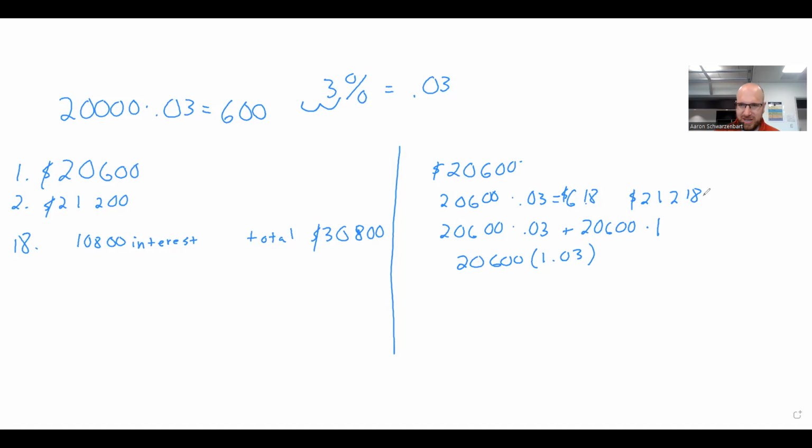Now the next time I've got to take 21,218. Well, what I can do with this is write an exponential equation with this 1.03, but instead of having to redo times 1.03 each time, I can do 1.03 to the x. Now, if I did it for year 2, I do times 1.03 to the second.